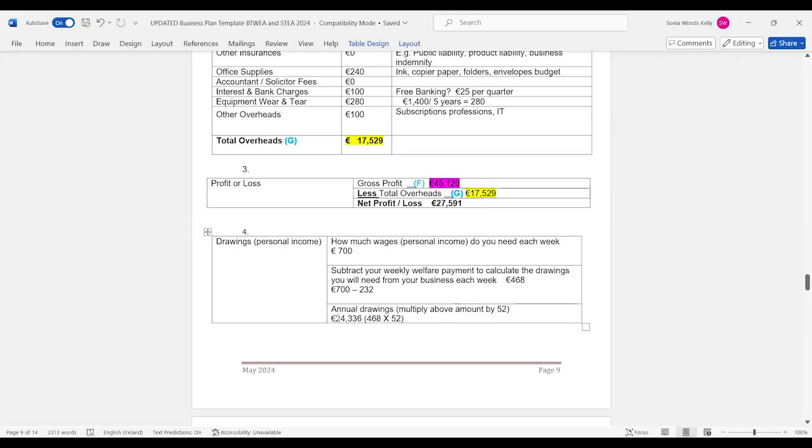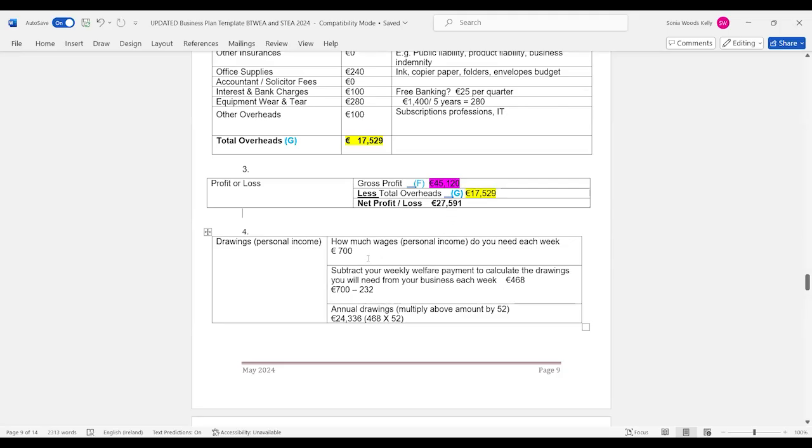If you come to this figure here and you don't have enough profit in your business to cover it, you may need to relook at your business plan. It may be that your business will not be viable, that you don't have enough money to cover your expenses.